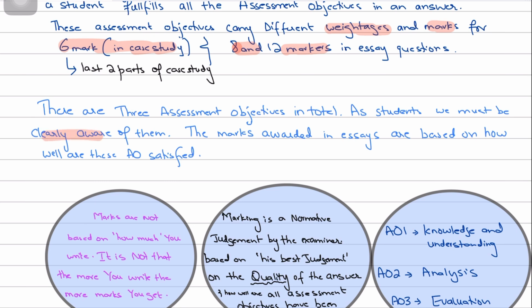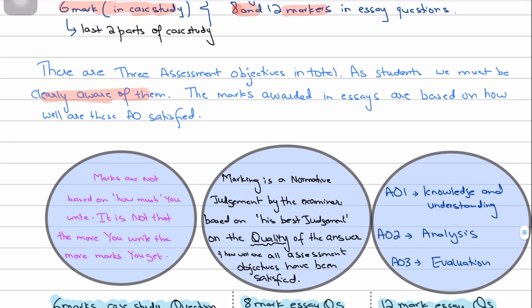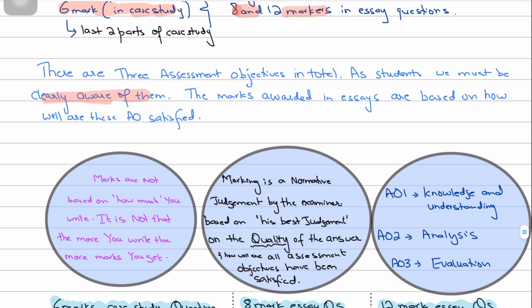So you need to be aware of them. Very important. This is the most important thing. And the marks in the essays are awarded on how well these assessment objectives are satisfied, right?